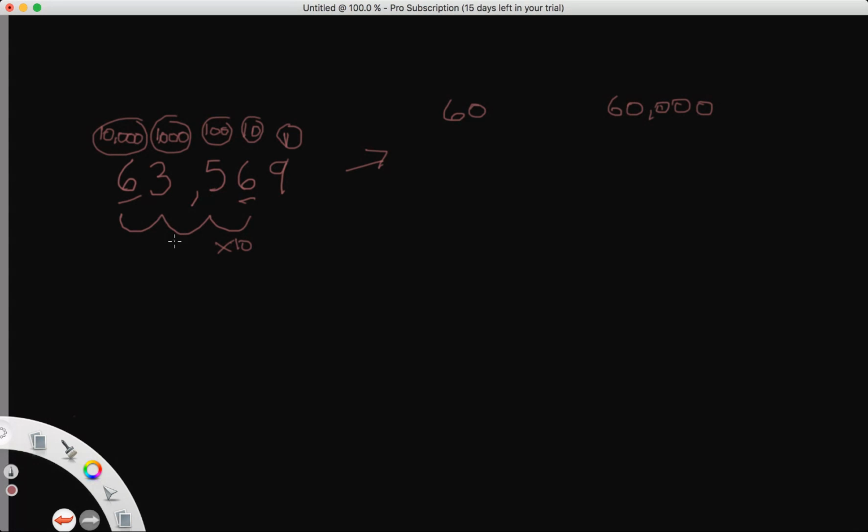And because it's 10 times 10, it's really going to be times 100, because I've moved over 2 places, and now I'm moving over a 3rd place. So I know that to get from my tens place all the way over to the 10,000s place, I'm going to move it over 10 times, 100 times, 1,000 times. So I know that 60 times 1,000 equals 60,000.